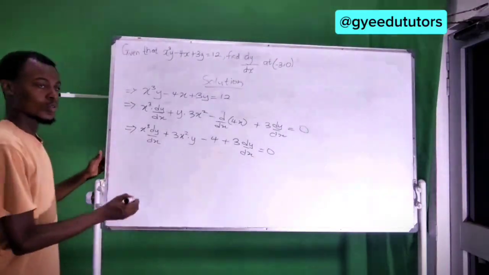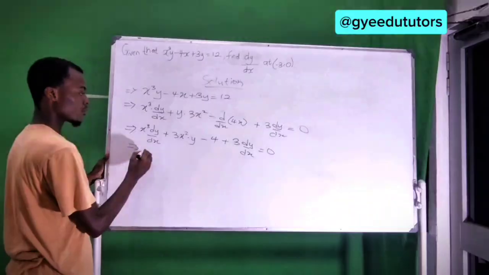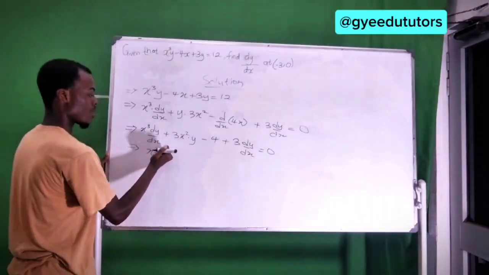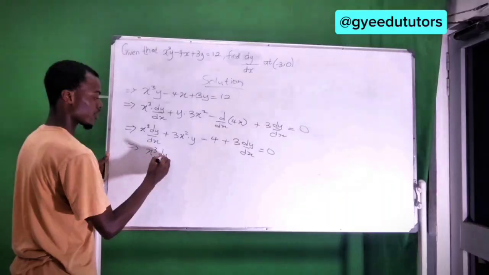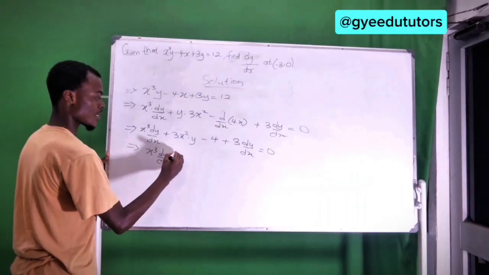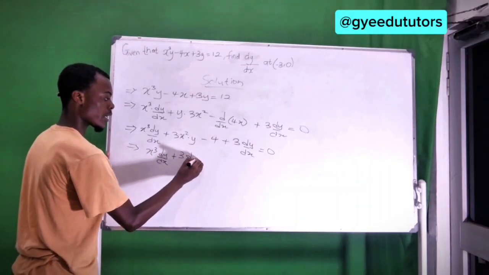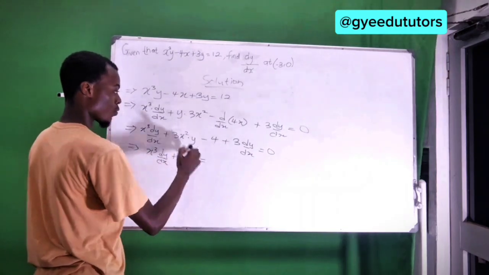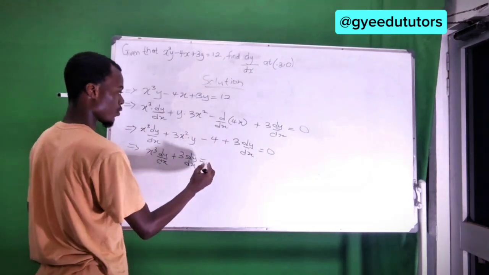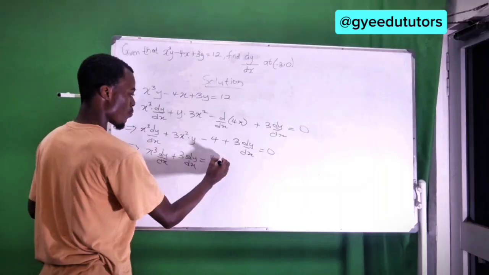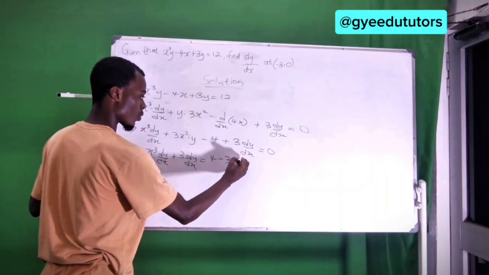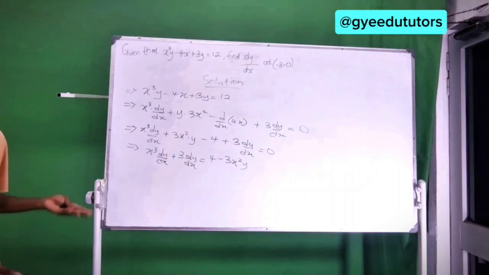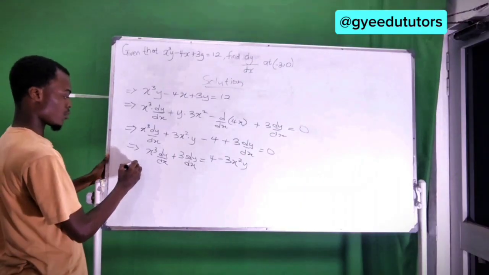0. So first of all, we are going to make dy/dx the subject here. Okay. So we have what? x cubed dy/dx plus 3 dy/dx equal to, we set this to the other side, we have what? 4 minus 3x squared y. Okay, so when we get to this side, we can factor out dy/dx.